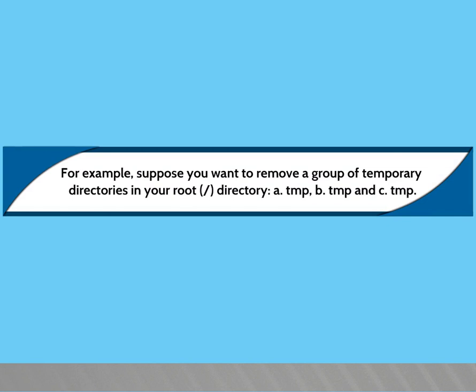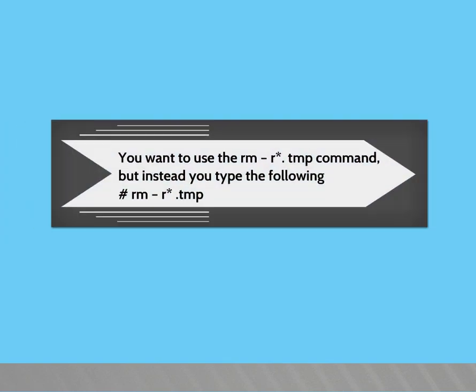For example, suppose you want to remove a group of temporary directories in your root directory: a.temp, b.temp and c.temp. You want to use the rm -r *.temp command, but instead you type the following: # rm -r * .temp.